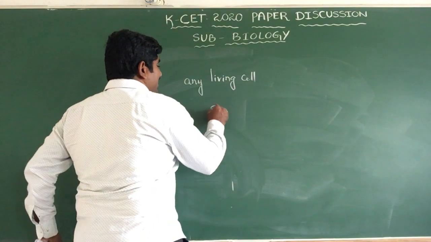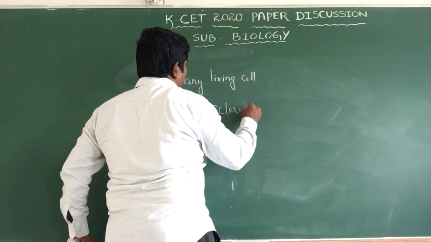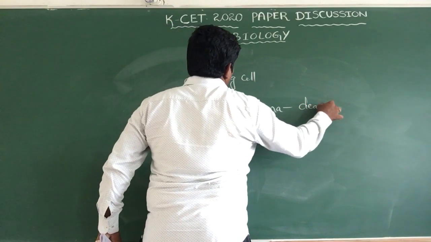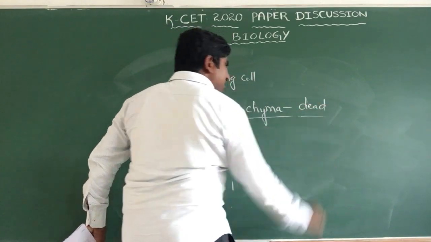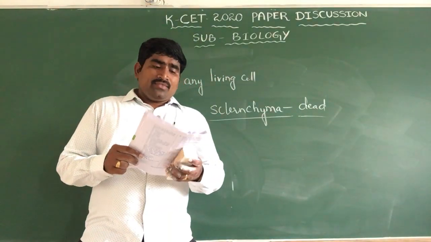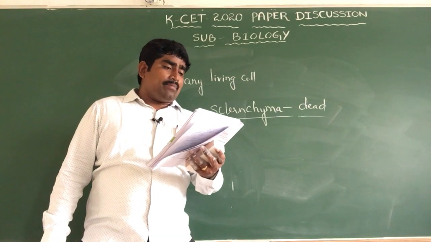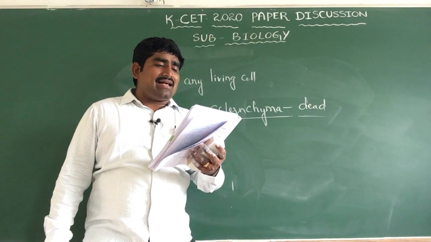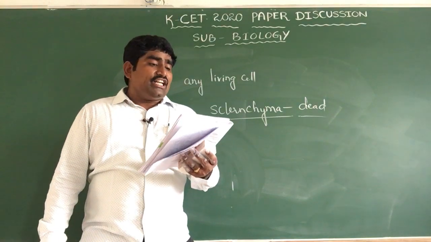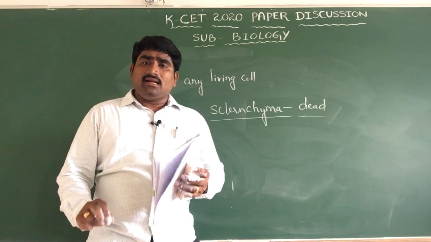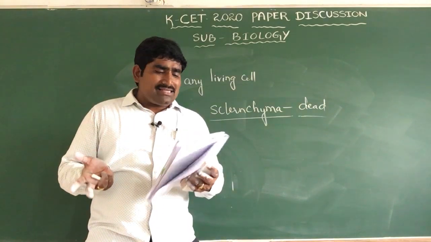But they have given sclerenchyma. Sclerenchyma is dead, so it can't be used as explant. Clear? The answer is sclerenchyma, because it is a dead cell.